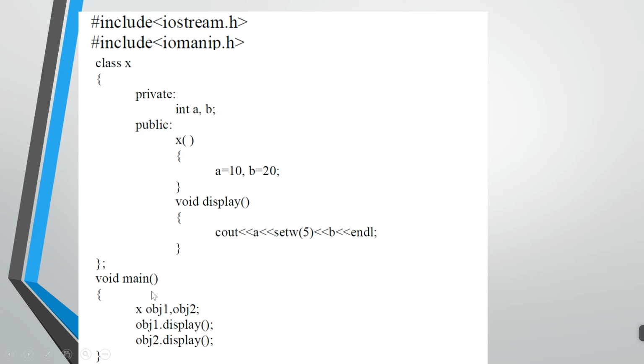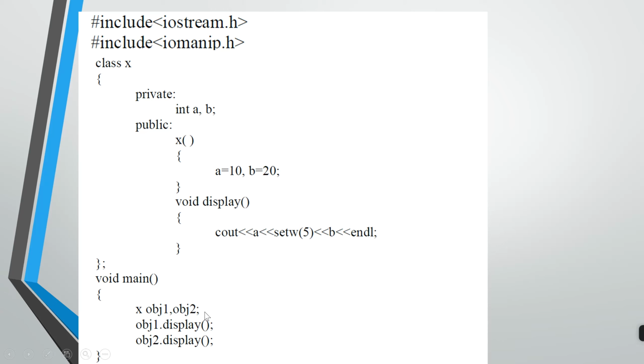So that means whenever object 1 is created, sorry, object 1.A is 10 and object 1.B becomes 20 because the constructor loads a value 10 to A and 20 to B. Similarly, object 2 also is initialized, object 2.A to be 10, object 2.B to be 20.